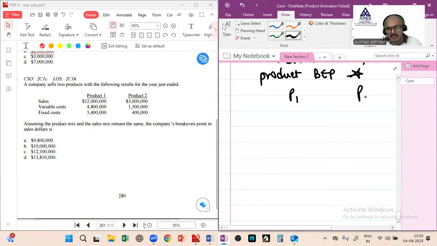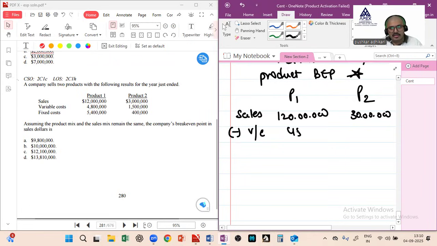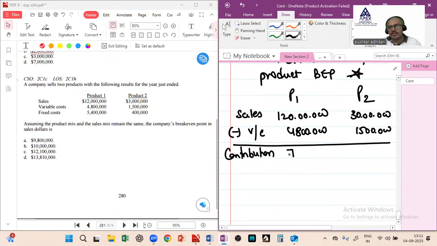There's product 1 and there's product 2. I have sales of 1 crore 20 lakhs and over here 30 lakhs. From this, I will subtract my variable cost, which is 48 lakhs and 15 lakhs. This gives me a contribution of 72 lakhs and 15 lakhs.